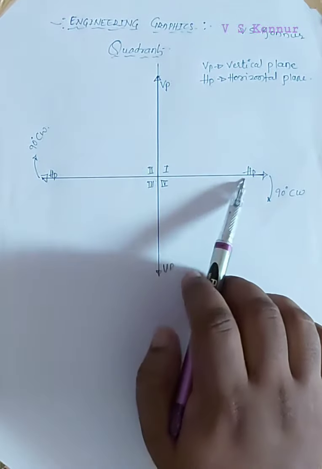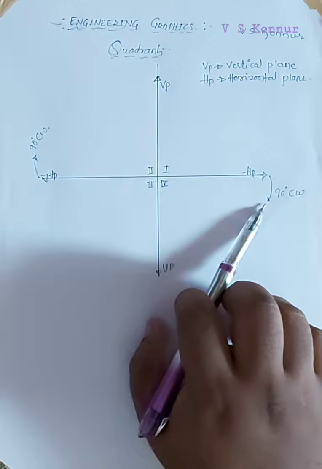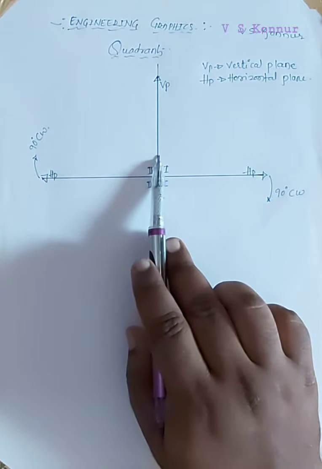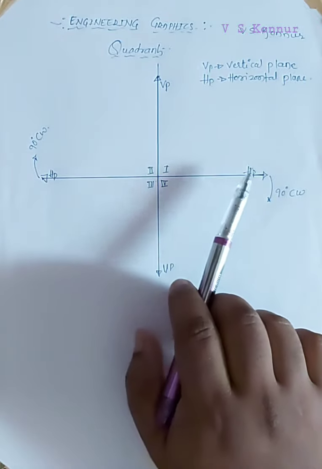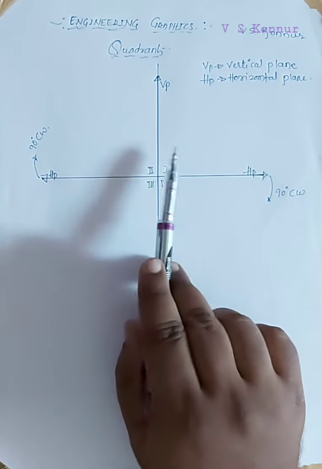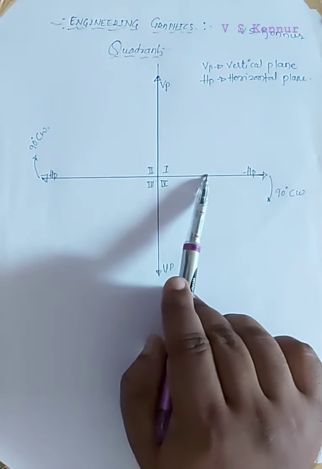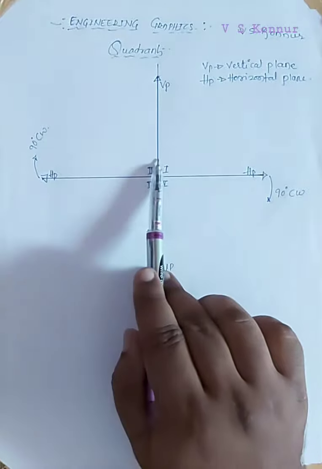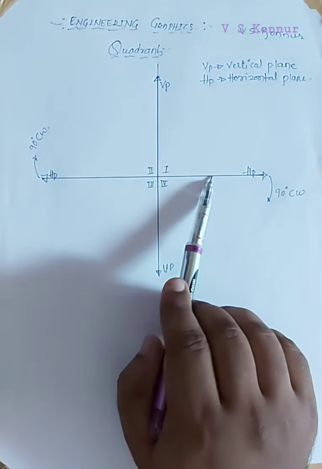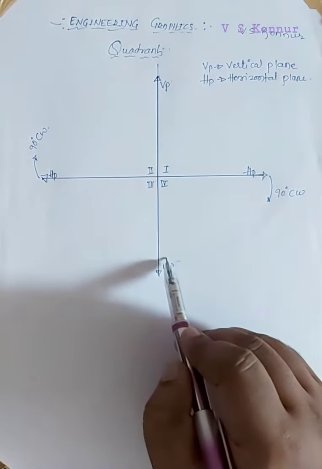To understand the VP and HP, the horizontal plane will be rotating 90 degree clockwise always. There is no rotation of the vertical plane, only horizontal plane will rotate 90 degree clockwise. In this VP and HP, VP will not rotate in any of the quadrant, only HP is rotating 90 degree clockwise. If it rotates 90 degree clockwise, HP will come this side.